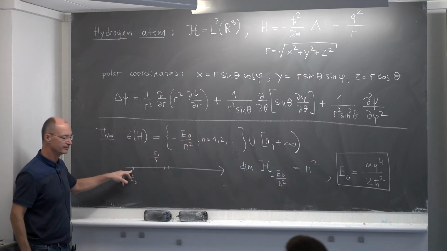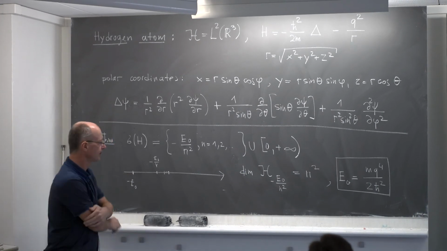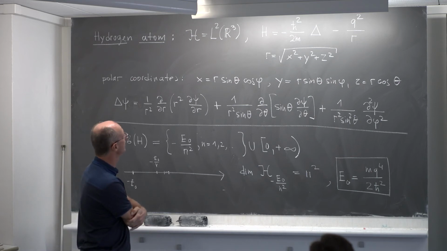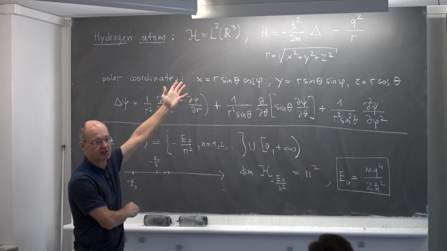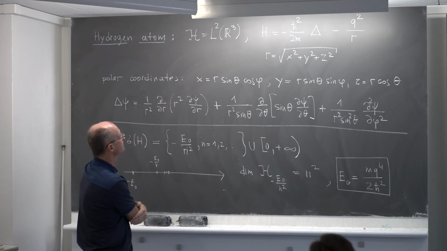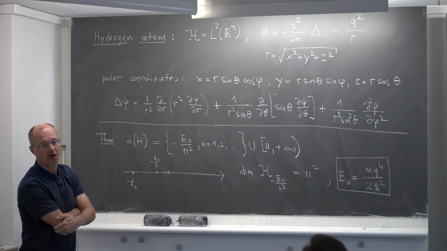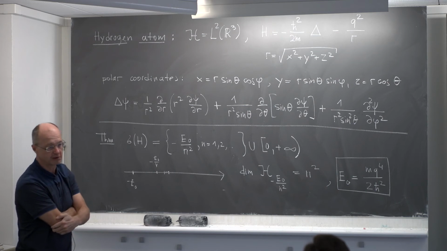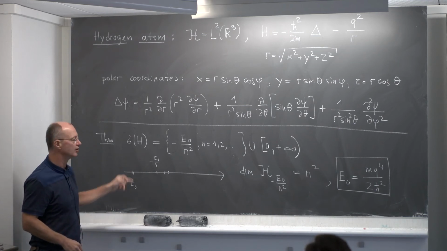So that's the bottom of the spectrum. So let me recall that we did prove that the Hamiltonian is self-adjoint or admits a self-adjoint extension. Also, in one of the exercises, you looked at the Kato-Rellich theorem and you proved that H is bounded from below. So that's why the spectrum is bounded from below.